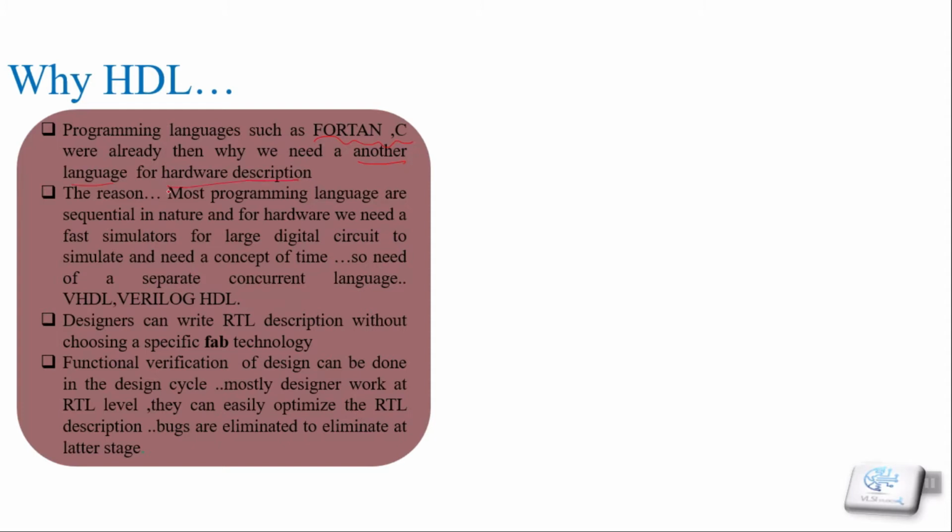The reason is that most programming languages are sequential in nature, and for designing complex hardware we need fast simulation of large digital circuits, and at that time the concept of time originates. So we need a separate language that not only includes the concept of time, but is also concurrent. It means that in the language everything works in a parallel way.